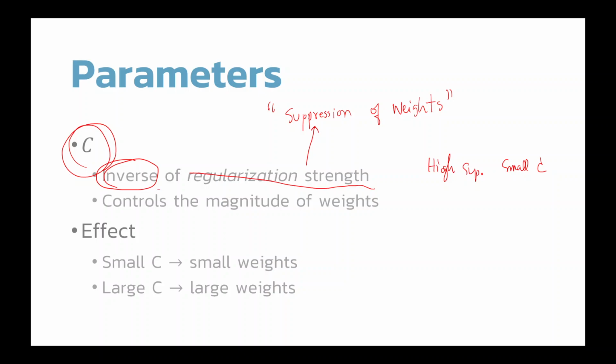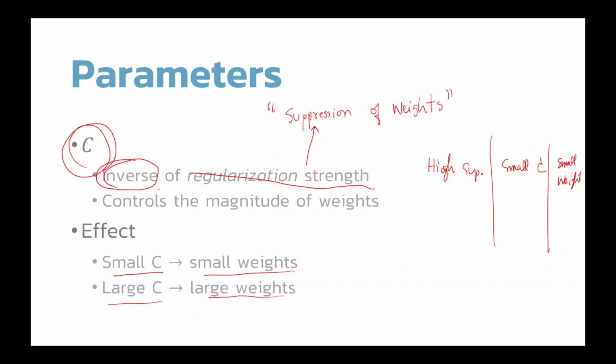So that means that the weight is small weight. Okay? And actually I'm writing here, smaller C means smaller weight because of high suppression, right? And if you don't suppress anything, it's large C. That means you're going to end up with large weights, okay?